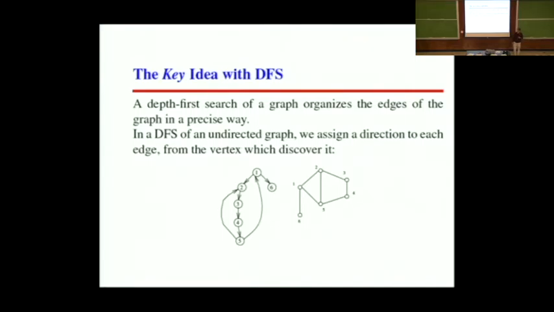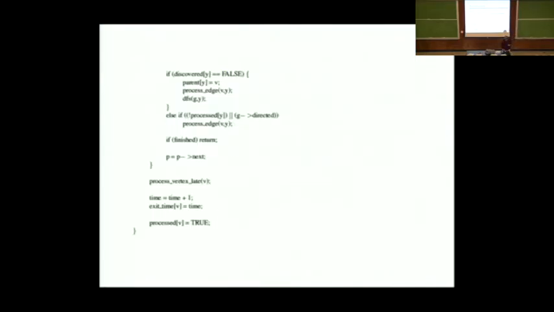Look at the code again. Maybe this will make it clearer. See what is happening? Whenever we discover somebody, we process the edge, maybe classify it, do what we want with that edge, and then immediately do a recursive call to depth-first search from that new vertex as source. Now we're going to explore the graph from that vertex's point of view.